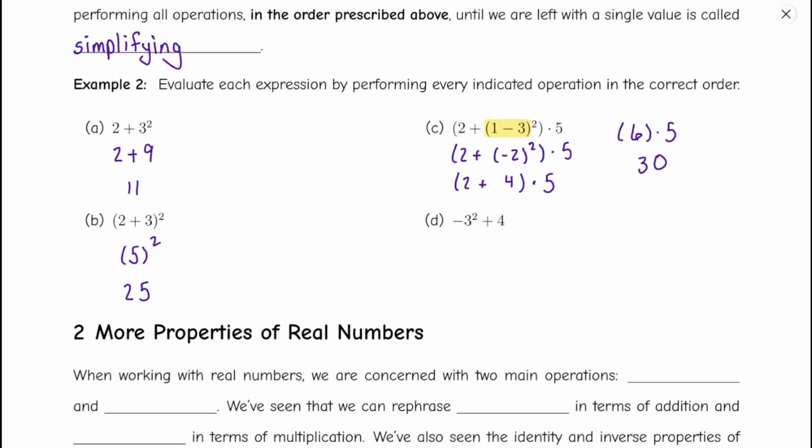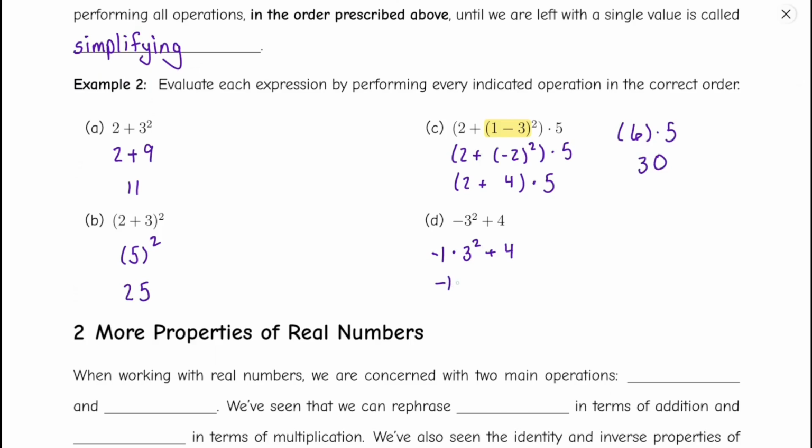Now, D is just a common convention used by most computers and calculators. When you write negative 3 squared in this way, it is the same thing as writing negative 1 times 3 squared plus 4. Because when we rewrite it this way, treating that negative sign as its own entity, as negative 1, when you do the exponent, you only square the 3.